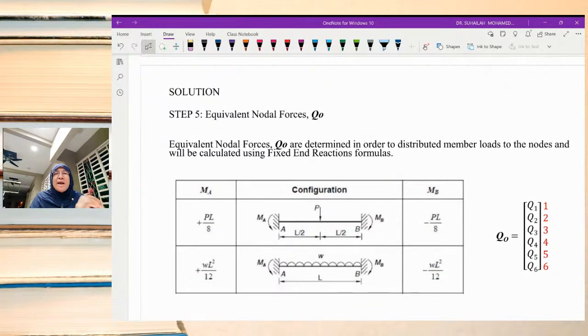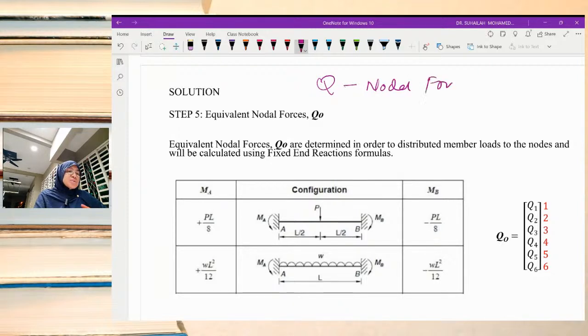We want to highlight Q naught, which is called equivalent nodal forces. So previously we have Q that is called nodal forces.